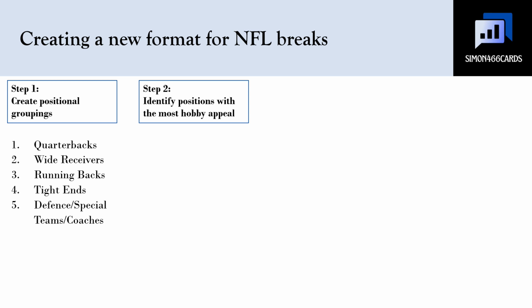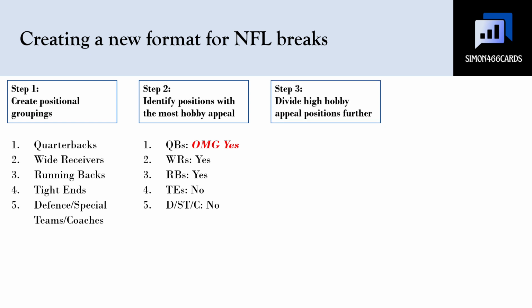Now the second step, or the second question I have for you, is which ones have the most hobby appeal? So obviously I've ordered them in such a way, but if we think about it, QBs is well ahead of every other group. I would group wide receivers and running backs in the same level, and then tight ends, and then defense, special teams, coaches are another tier below that, right? So those are pretty obvious things.